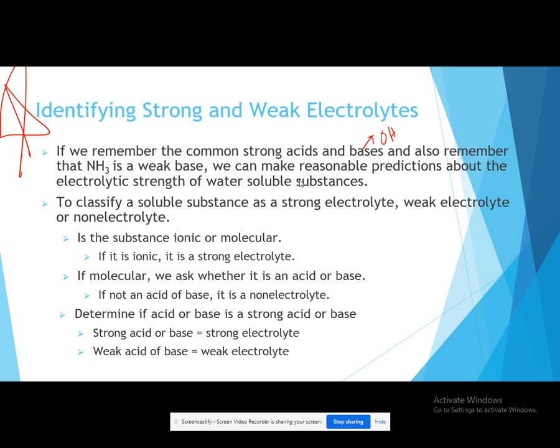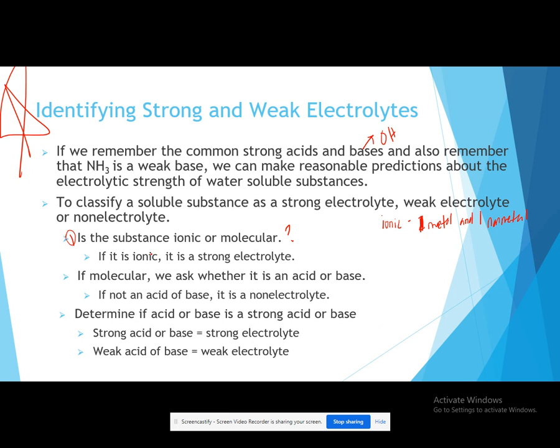So let's go through the following questions you would have to ask yourself. The first question you ask yourself is: is the substance ionic or molecular? Remember, ionic is between 1 metal and 1 non-metal.